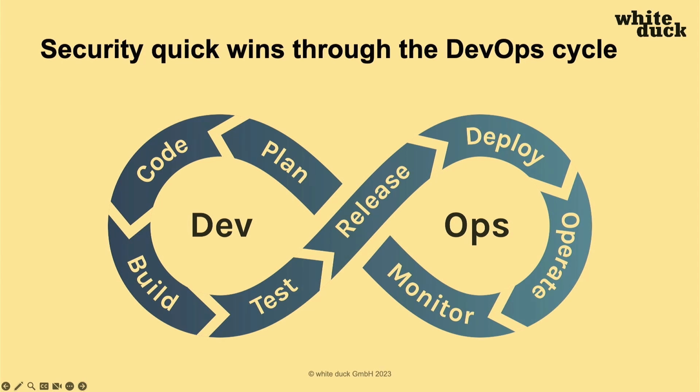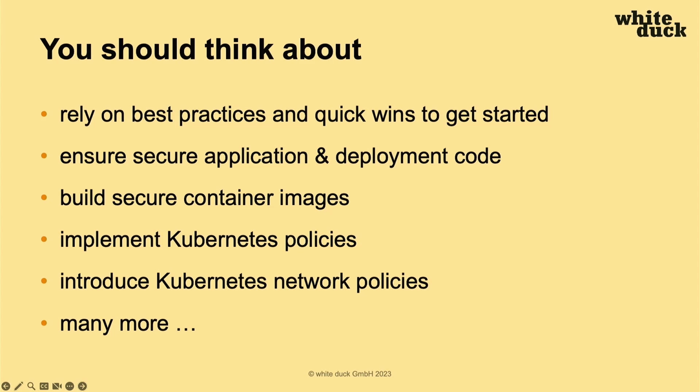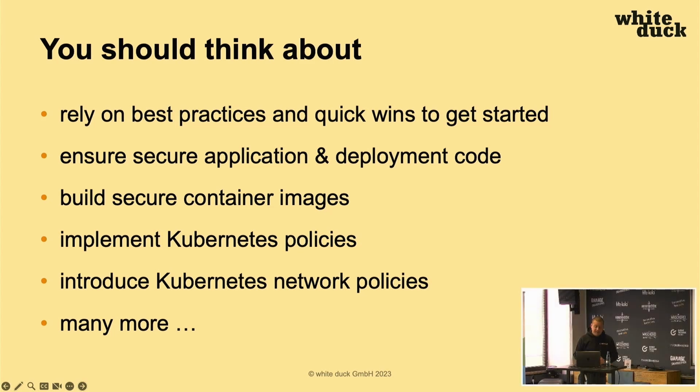Yeah, so things you should talk about, but we will not cover today, is basic stuff like doing the quick wins I already mentioned, thinking not only about Kubernetes, also thinking about the applications. So make sure that your applications are secure, your deployment code follows best practices, and is deployed correctly.